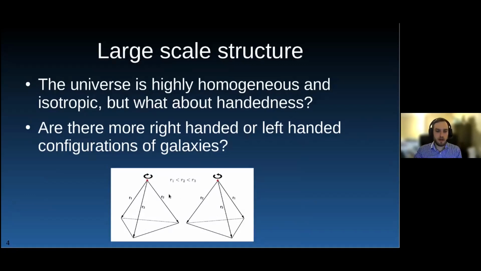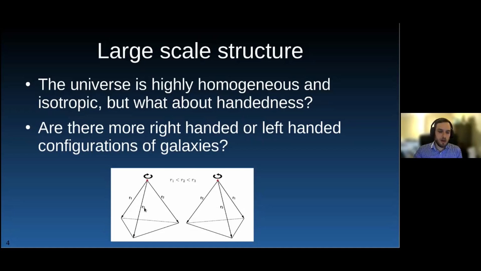Let's consider one galaxy, we'll call that our primary, represented by this red dot in the figure. Then we pick 3 other galaxies and draw vectors R1, R2 and R3 to the other 3 galaxies, such that R1 is the vector to the closest one, R2 is the vector to the next closest, and R3 is the vector to the furthest.